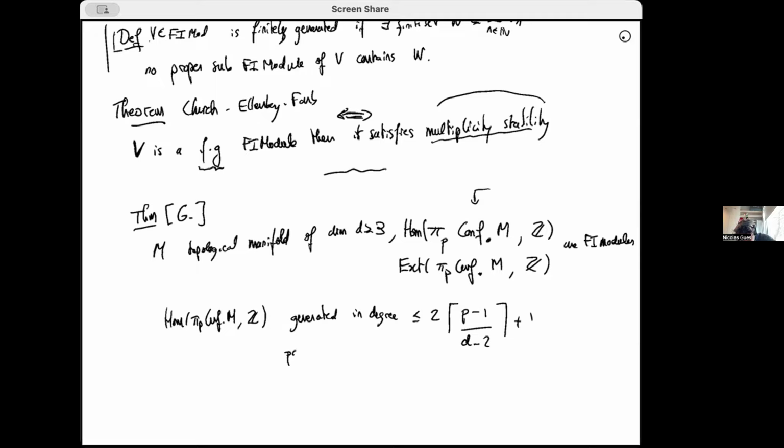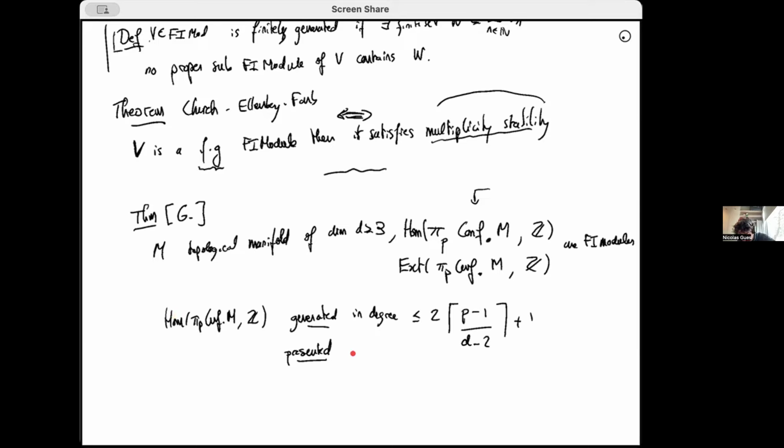And it is presented, so I didn't say what was the meaning of an FI module to be presented in degree something, but it's equivalent to saying that it is the quotient of an FI module generated in degree... sorry, so something is presented in finite degree if it's the quotient of a finitely generated FI module by another finitely generated FI module, and the degree will be the same.